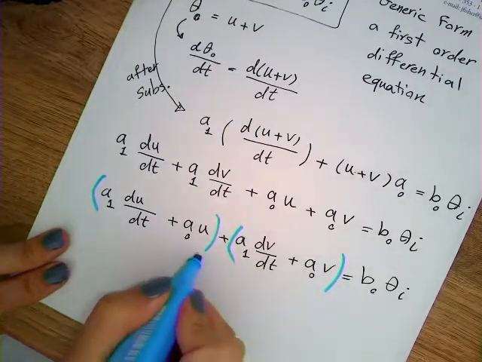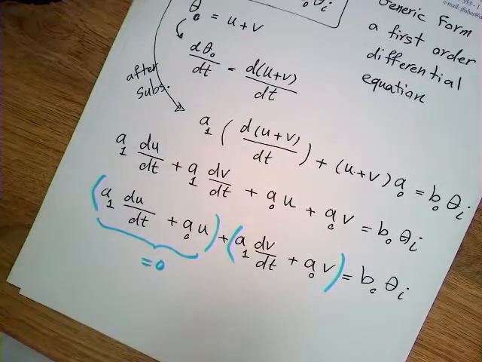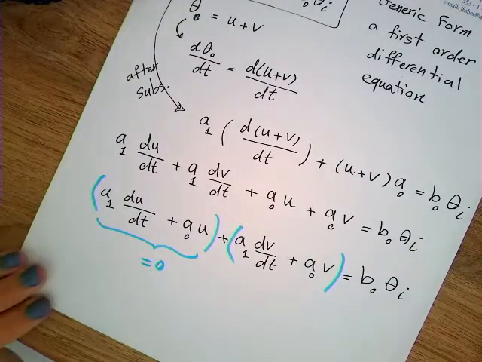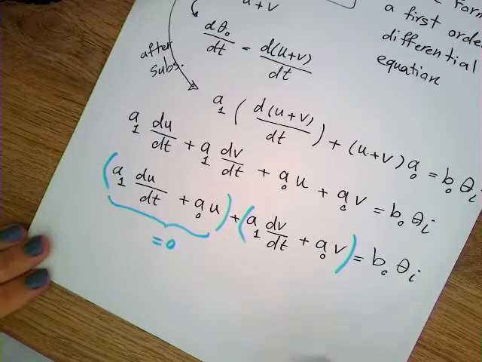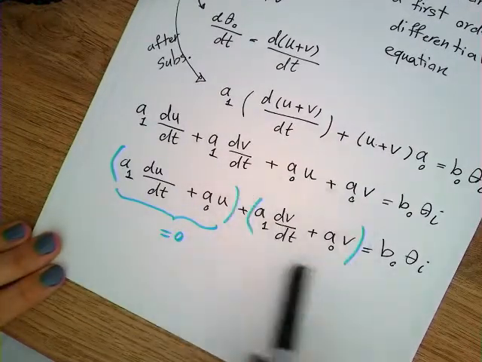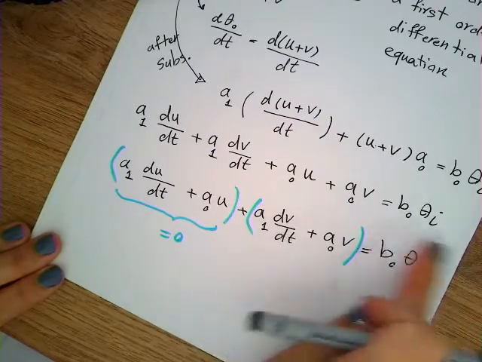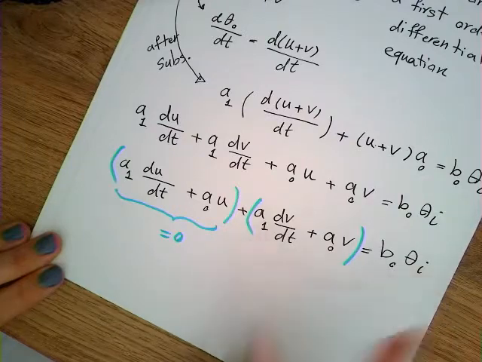So this part here, I'm going to equal to 0. If I put that equal to 0, what I have in my second section should be equal to my right side, B0 theta I.